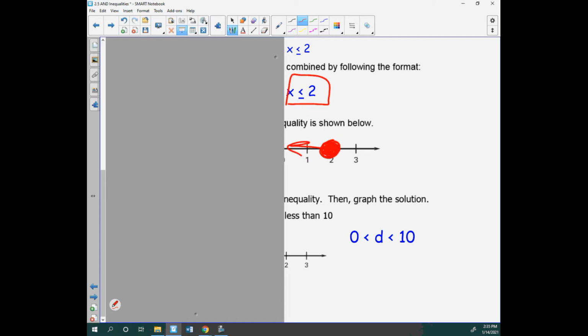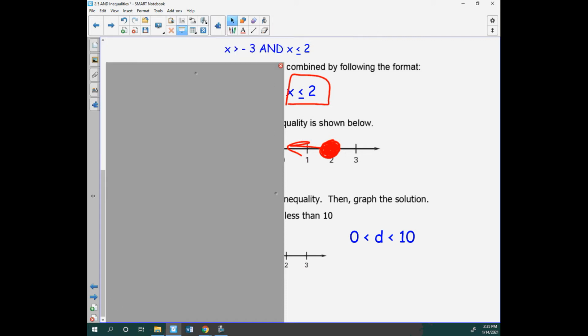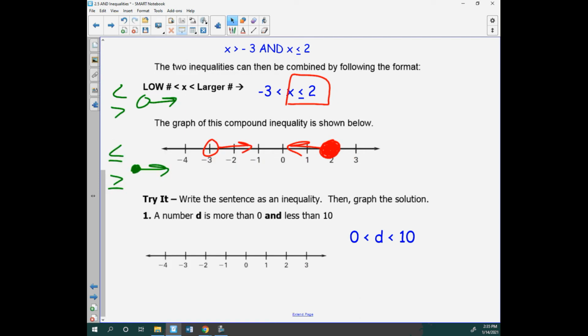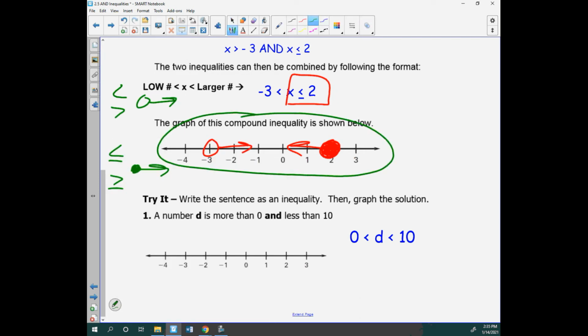That would mean it's heading this way. So now if I get rid of both of them, let me X out of that, this is a compound one. It means, hey, we got both of those on the same one. Well, guess what? It's going to be all those answers in between, not just where I drew those arrows. But anything that's in between those numbers is covered from that graph right there.